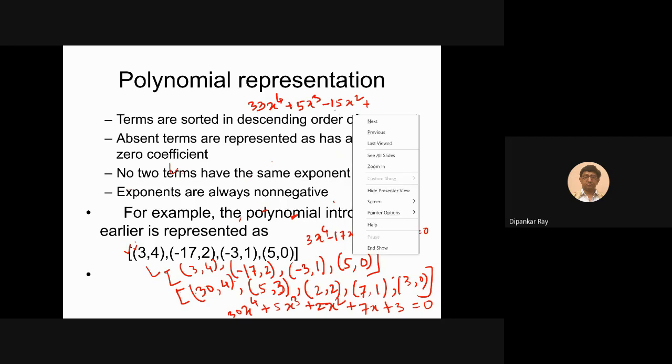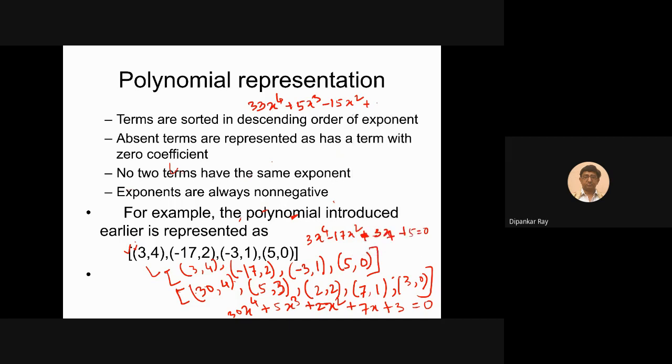Then 7x, then 5x, plus 8 is equal to 0. This is the total.